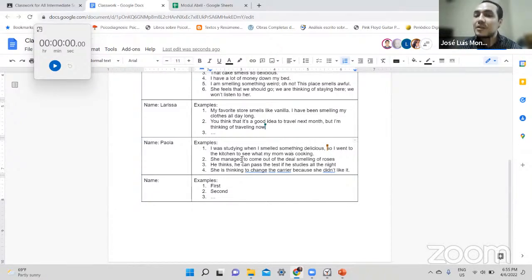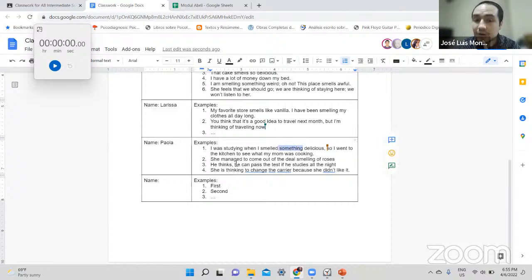Because then you're telling me your mom was cooking, so I imagine that it was the smell of something else. Okay, that's the first thing. But here, Paola, you're using smell as an action verb. You're using it in the simple form, but you are using your nose to smell that, right? Action. Okay, and again, here the main idea is to use an object, if that's the case.